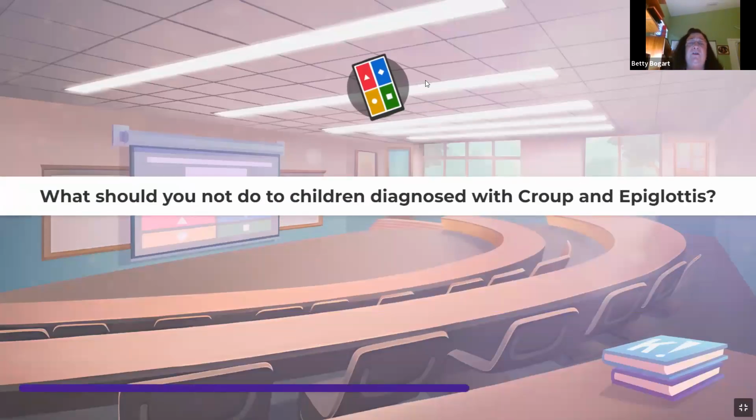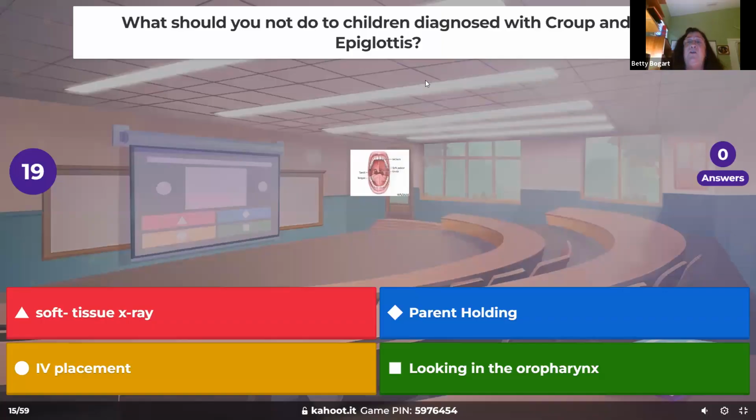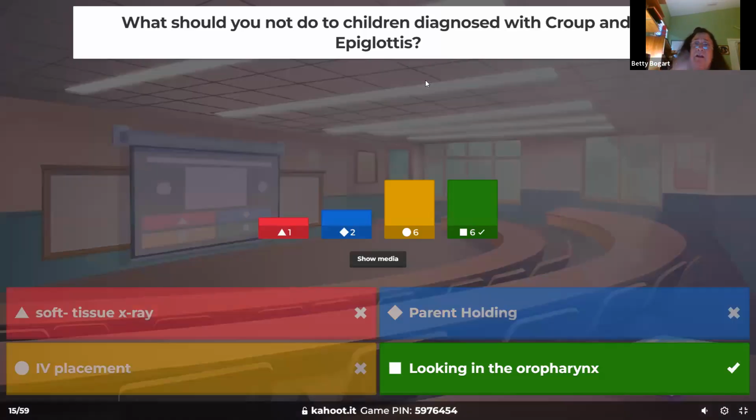What should you not do to children diagnosed with croup and epiglottitis? Now, croup is, as I said, oropharyngeal, gets swollen. If we let that go on and don't treat it with a steroid to stop that inflammation, it becomes epiglottitis. And that's that little thing that covers the trachea when we swallow, so food doesn't go into the lungs, but this now has the trachea covered with a swollen leaf-like structure there, right?